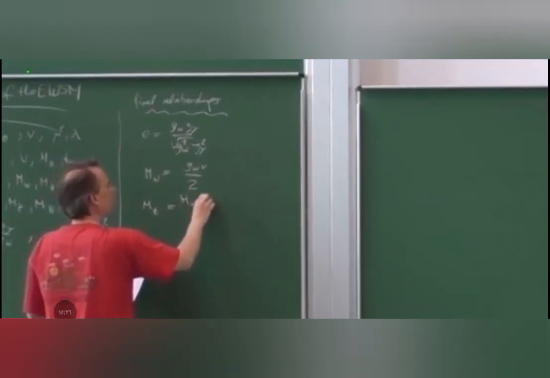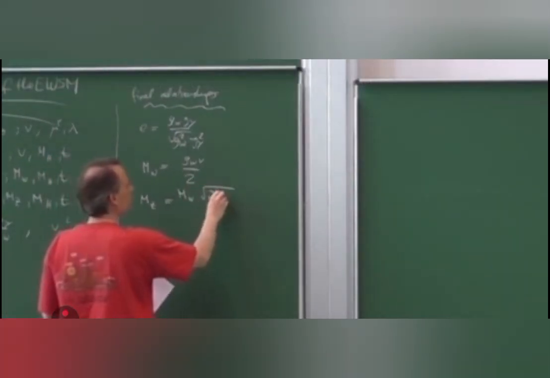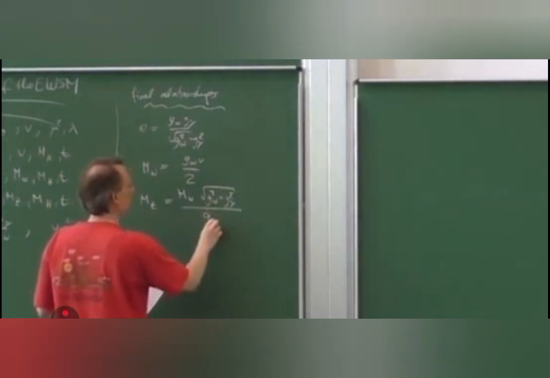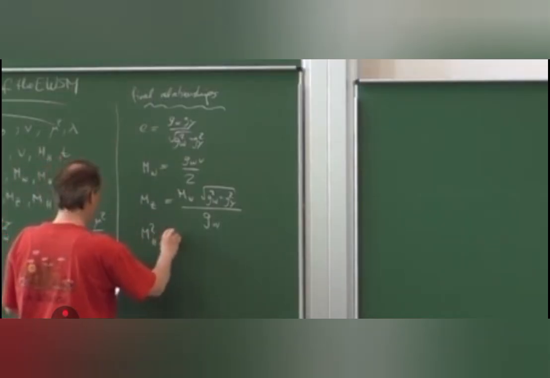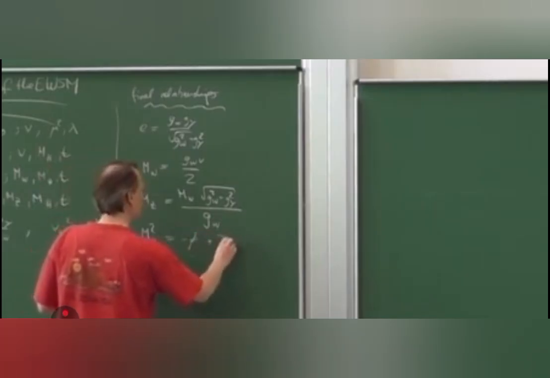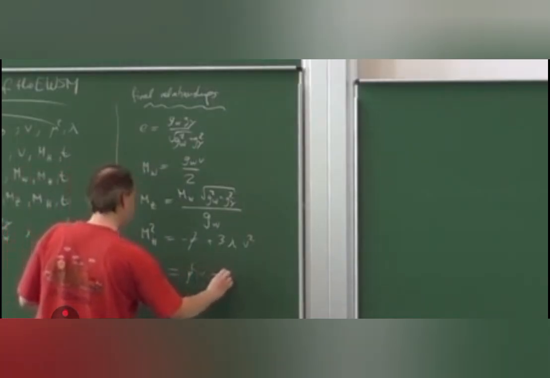MW is basically divided by the cosine of the weak mixing angle, which in terms of the original parameters can be written like this. And the Higgs mass square is given by minus mu square plus 3 lambda v square, and the tadpole is given by mu square v minus lambda v cube.